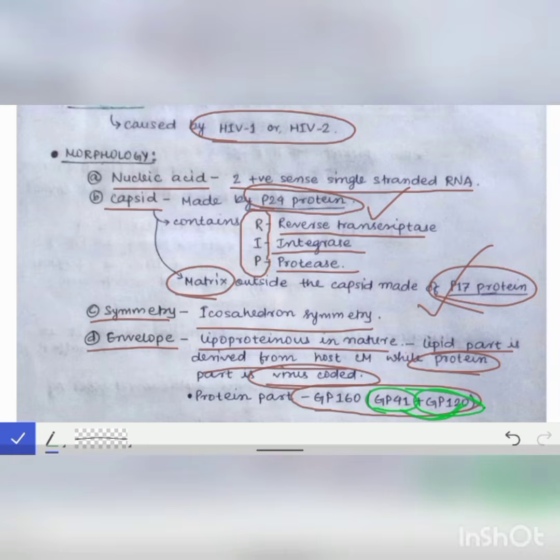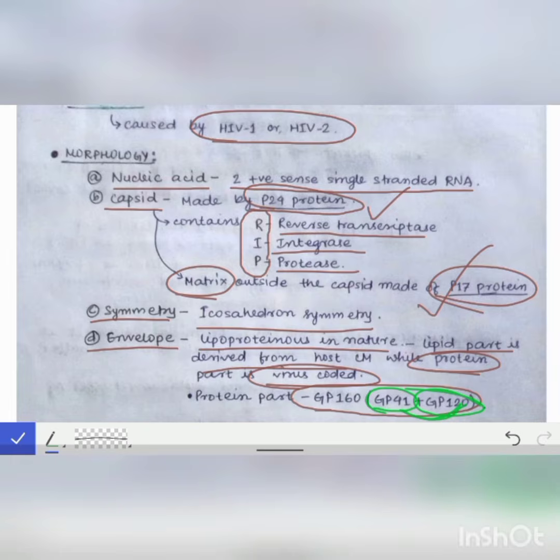Mind that adding these two, 41 and 120, would give you 161, but this is not a simple addition. 41 plus 120 does not come out to be 161, rather it is 160. So GP160, glycoprotein 160, has two subunits, GP41 and GP120.